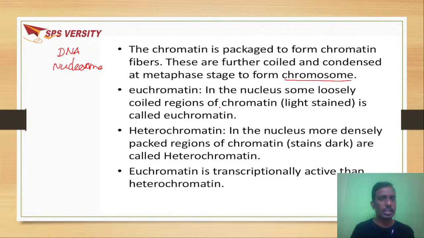As we already discussed, in the nucleus, the regions of DNA which are loosely coiled take less stain. That is called euchromatin, which has active genes, that is, it is transcriptionally active.